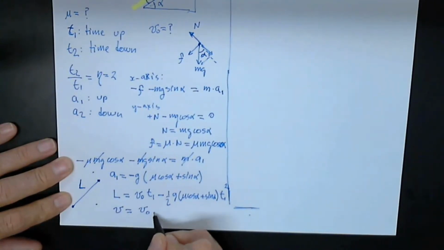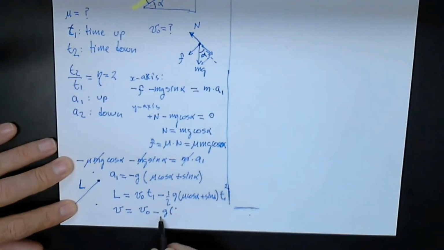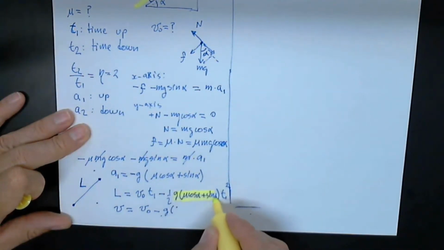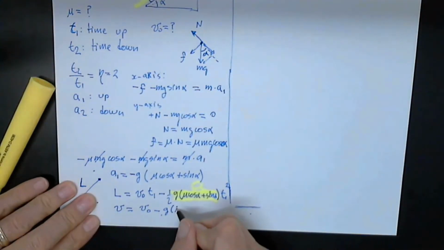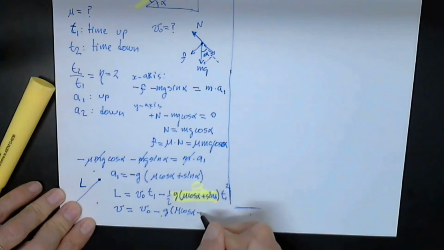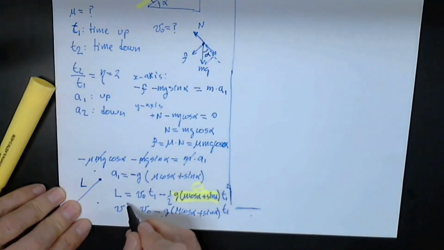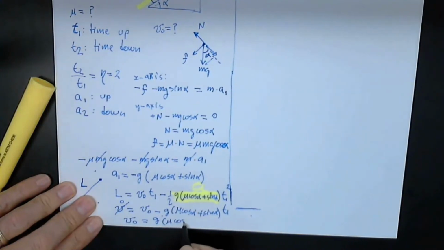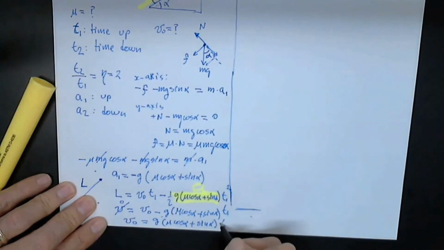It is the initial velocity minus the acceleration, the same as over here, g times mu cosine of alpha plus sine of alpha times t1, and we know this is 0, so we have an equation for the launch velocity: v naught equals g times mu cosine of alpha plus sine of alpha times t1.